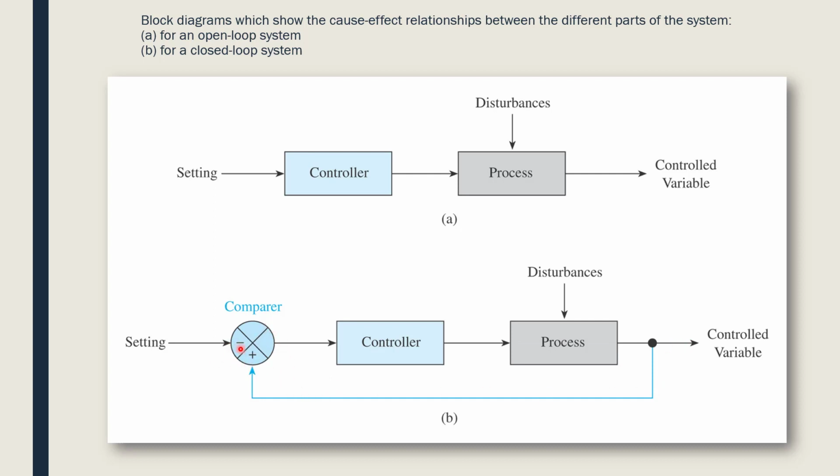You make a comparison between where you want it to be, the set point, and where it actually is. And the difference between the two is what we call the error. And that error correction is performed by the controller, which has output devices that will make changes to get this variable back to where it needs to be.